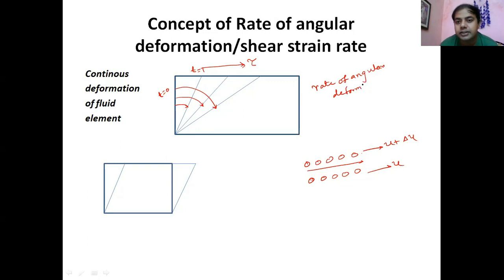We are interested in the rate because it depends on time. So per unit time, how much angle change is occurring? Another name for it is the shear strain rate. If the angle change is delta theta in time delta t, then per unit time, delta theta by delta t can be written as theta dot, known as the rate of angular deformation.